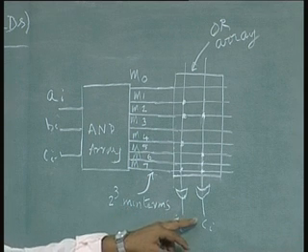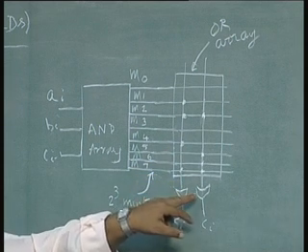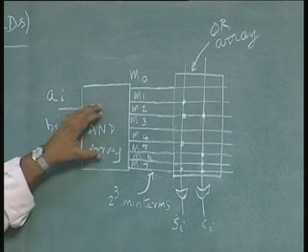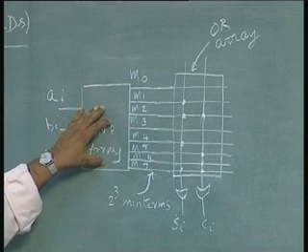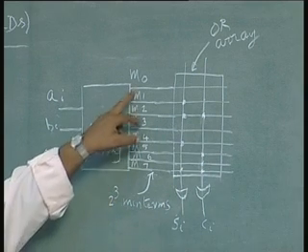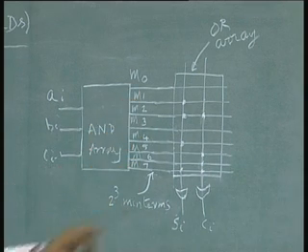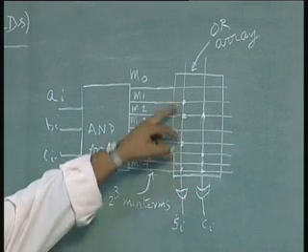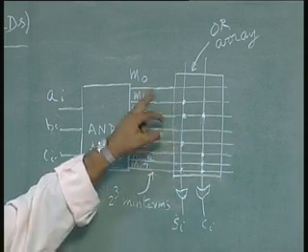The number of OR gates will depend on the number of output functions to be implemented. Now, we are not showing inside of this, as I said, there is an array of 2 power n AND gates in order to generate each of these minterms, and an array of OR gates, in this case only 2 gates whose inputs are connected to the various minterms.